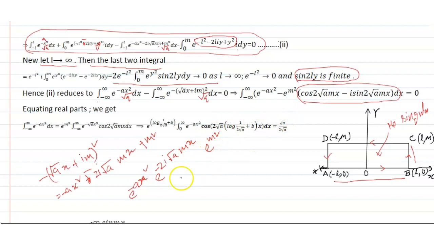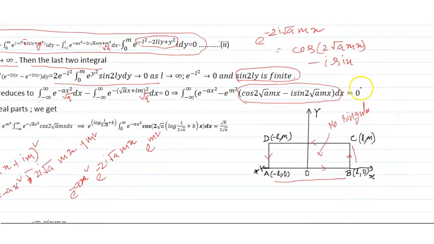This is the simple calculation, and you will know that by de Moivre's theorem, e to the power minus 2i root a m x is equal to cos 2 root a m x minus i sin 2 root a m x.